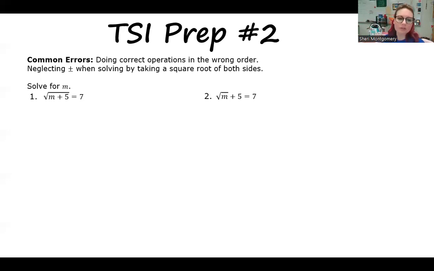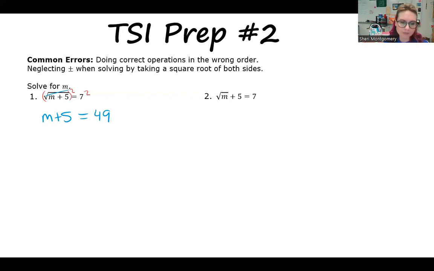So if we want to undo stuff that's square rooted, we have to square this side and it will undo, and then we square this side. That undoes the square root, and we're left with m plus 5 equals 7 squared. 7 squared, what is that? 7 times 7, 49. Good job. And then this is just a simple one-step equation.